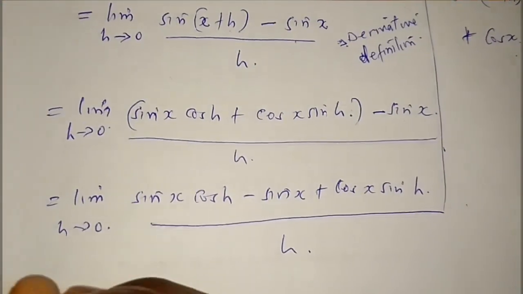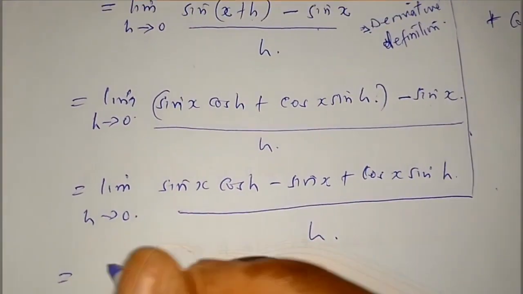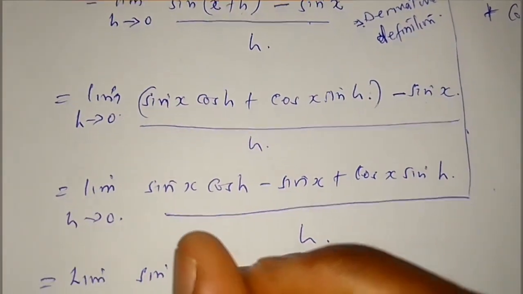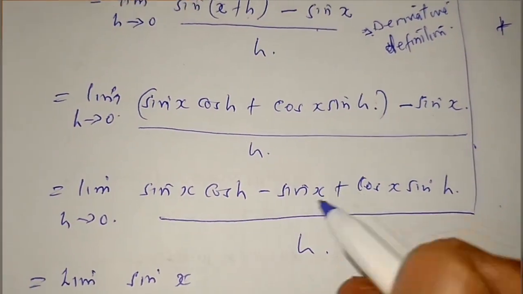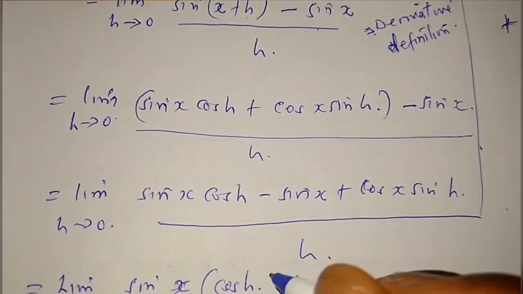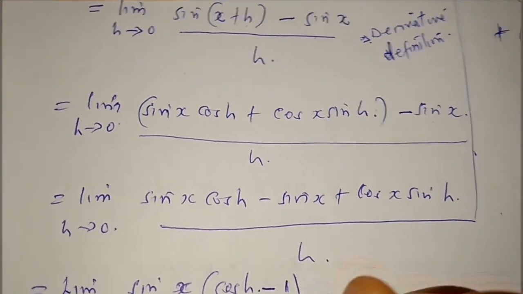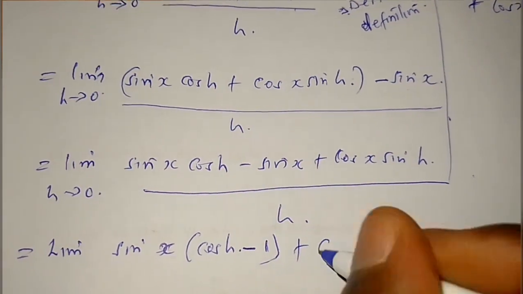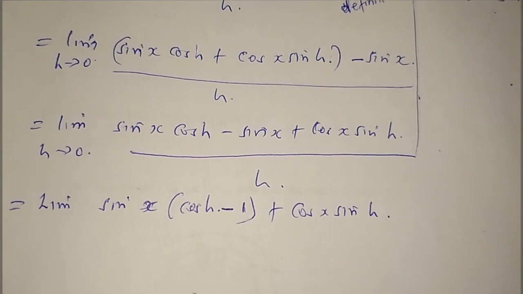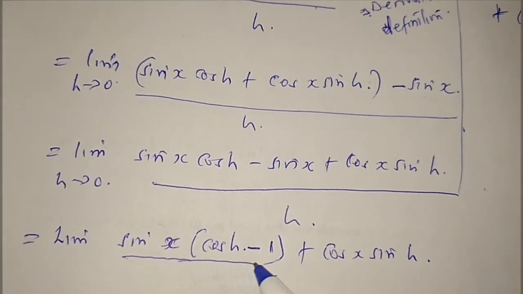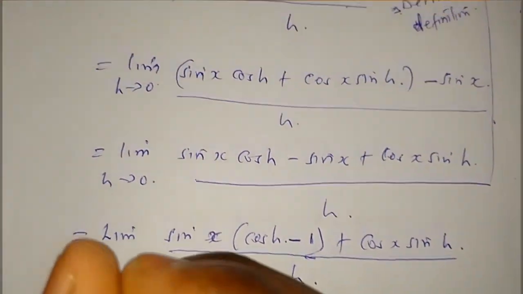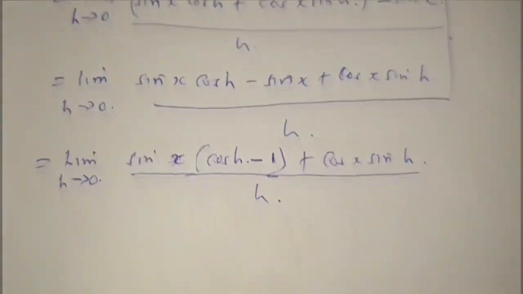Hope you understand what I'm explaining here. The limit of sine x, you can factorize this into cos h minus 1, plus cos x sine h, the whole of this over h, then h tends to 0.